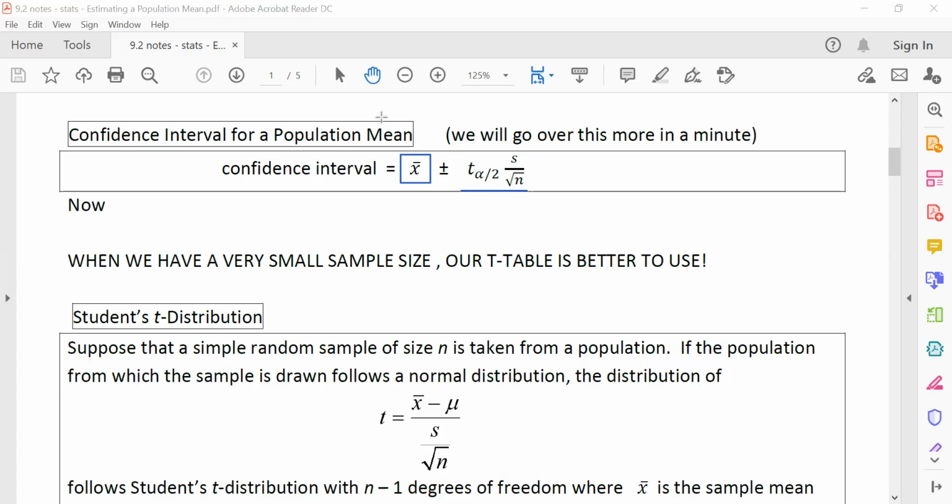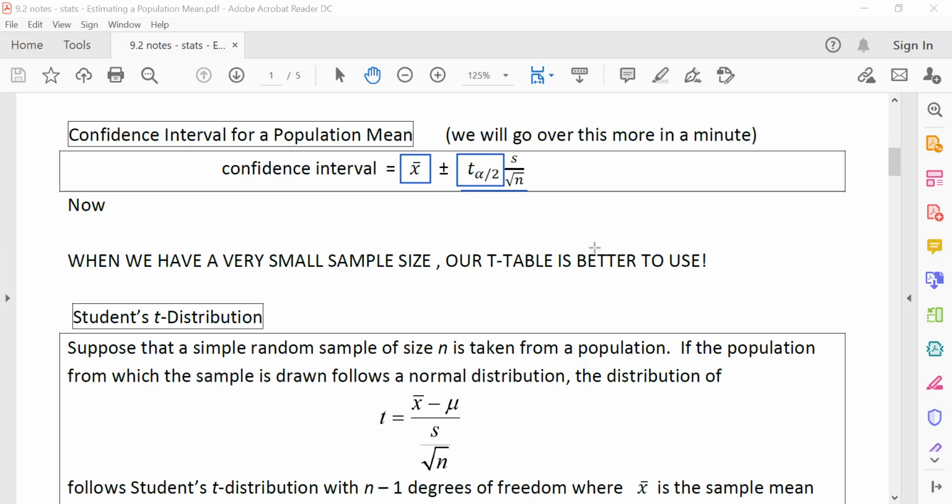But wait a minute, let's zoom in here. Instead of having a z-score, we have something called a t-score. Well, the z-score was associated with something called the normal distribution.